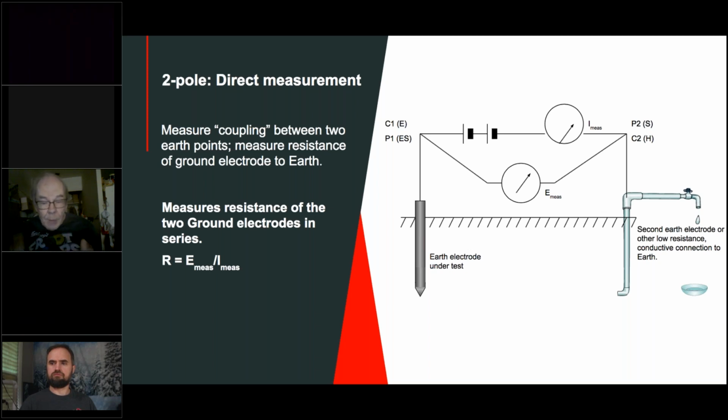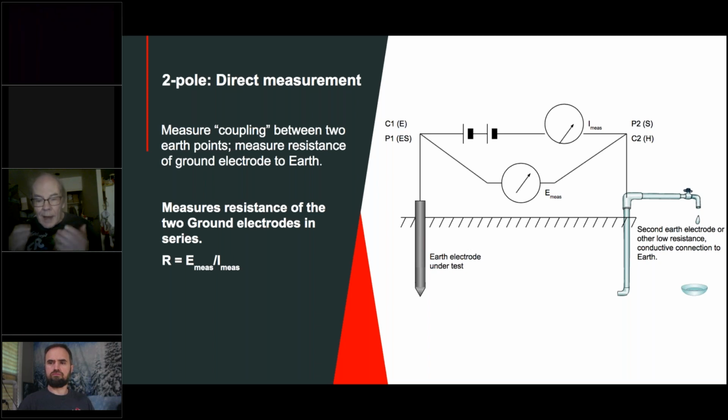It is mentioned and covered in IEEE 81, which is your ground testing standard. If you need something to refer to when dealing with third-party interventions, IEEE 81 is what you go to. It mentions, but does not endorse, the dead earth measurement, which is principally used as a drop-dead measurement in situations where you basically don't have any room to work.